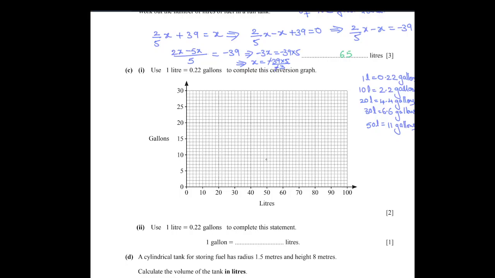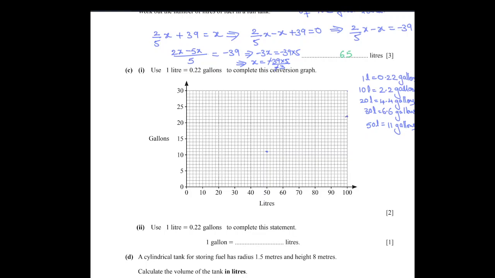Where is 50? It is exactly here, above 10, first line. Now for 60, 70, 80, better to do 100 into 0.22, which will be 22. So 22 is exactly at two numbers above 20 here.